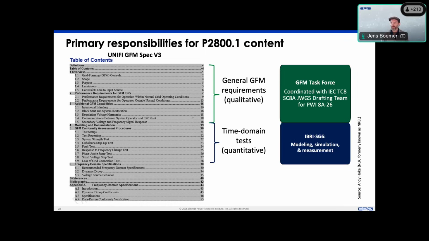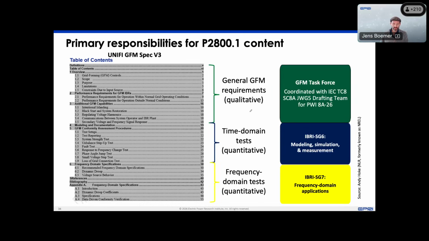The modeling and simulation and measurement subgroup will focus on the time domain tests, and the frequency domain application subgroup will focus on the frequency domain tests of this document and iteratively bring that into an IEEE P2800.1 recommended practice with potentially many changes, because now it's a much broader stakeholder group compared to the UNIFI stakeholder group.